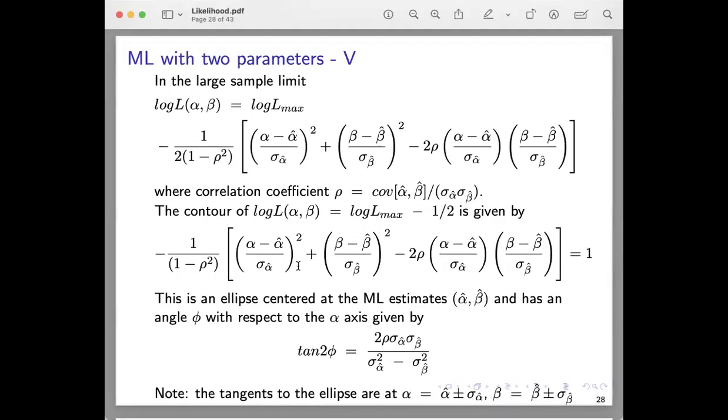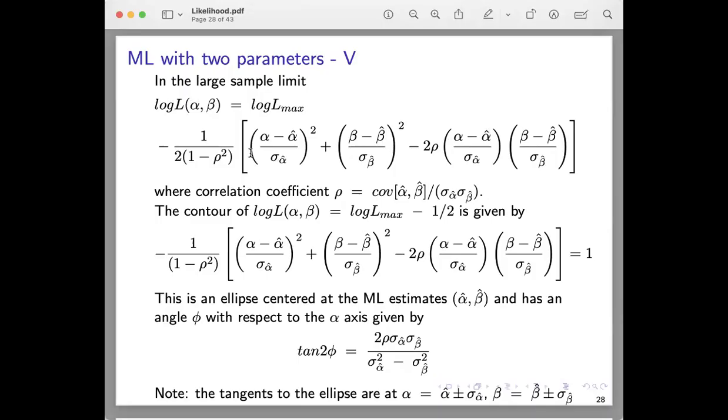Now one can also get an analytic expression in this kind of cases. Particularly in this case, if you take the large sample limit, that is, the number of events in the sample is very large, then one can do the calculation and approximate this, and you can find the values of that contour where you can write the log likelihood equal to the maximum value of the log likelihood minus this expression.